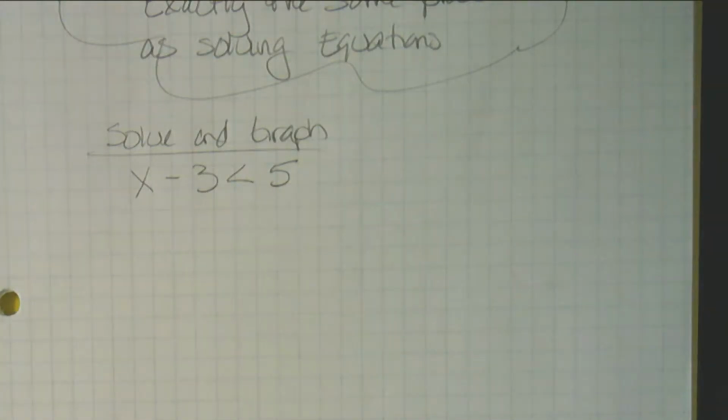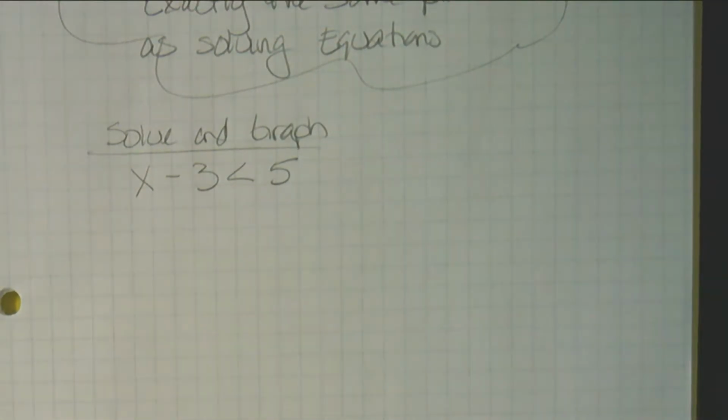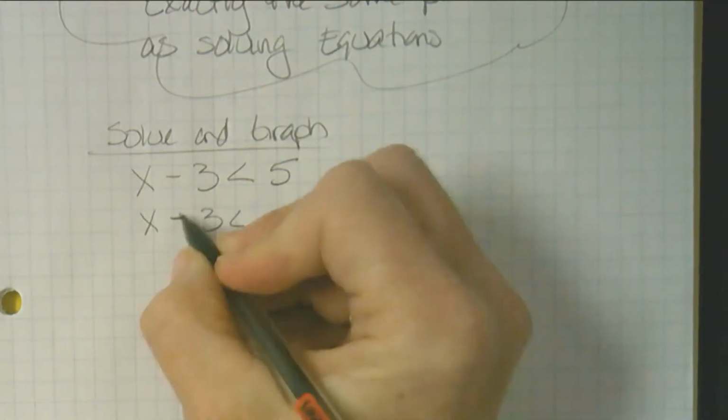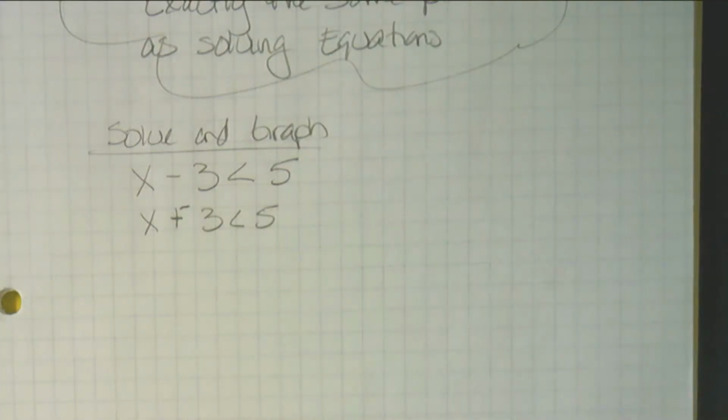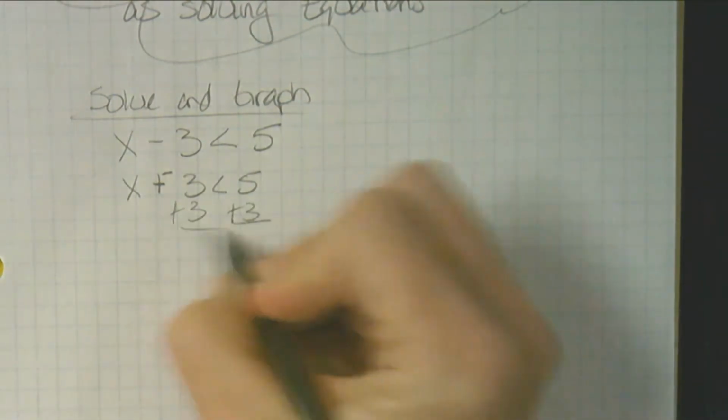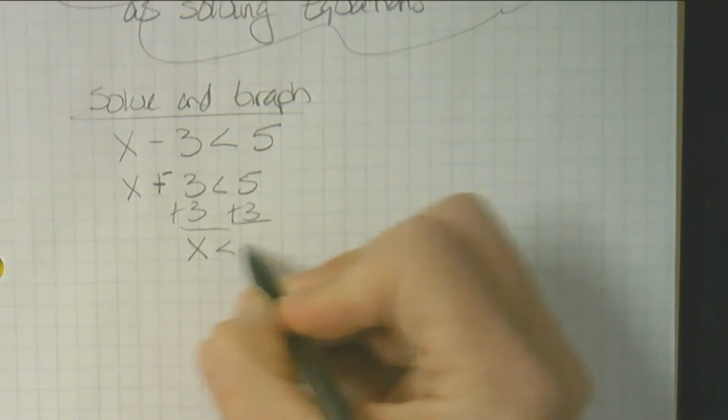Someone tell me what to do to solve that. Jacob, go ahead. So I did adding the opposite. Love that. Excellent. So we would add a positive 3 to both sides. And you get x is less than 8.